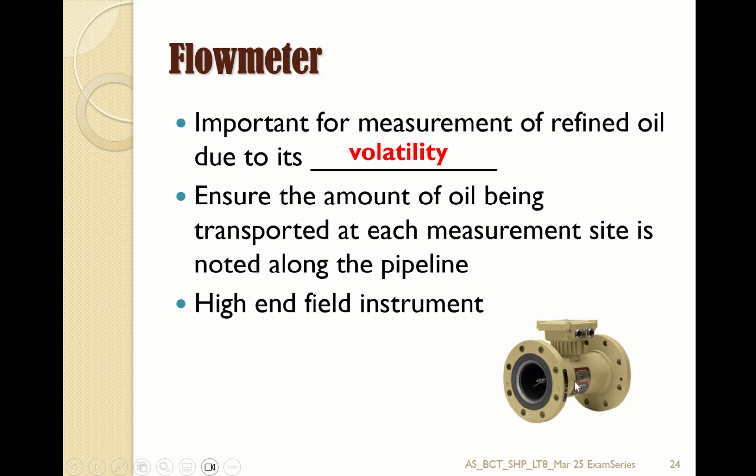So you have to attach a flow meter that shows you the flow rate inside the pipe. Along the pipeline, occasionally you will see this flow meter to show you whether the flow is correct and whether it's running and so on.